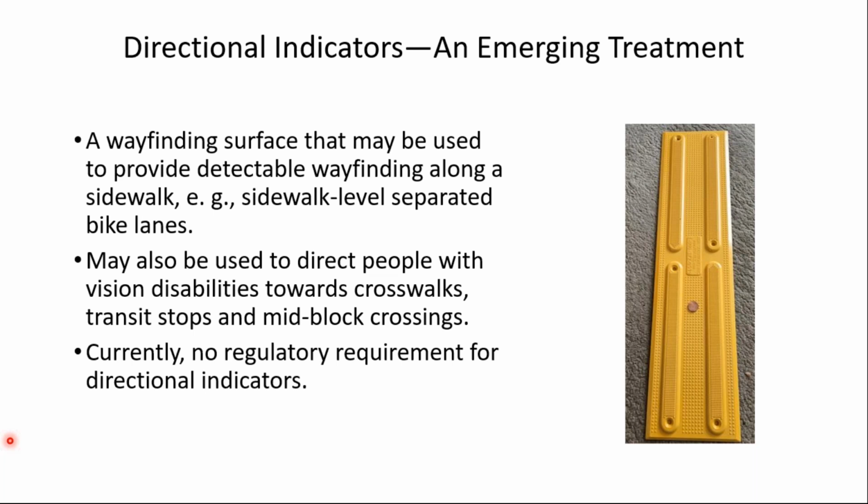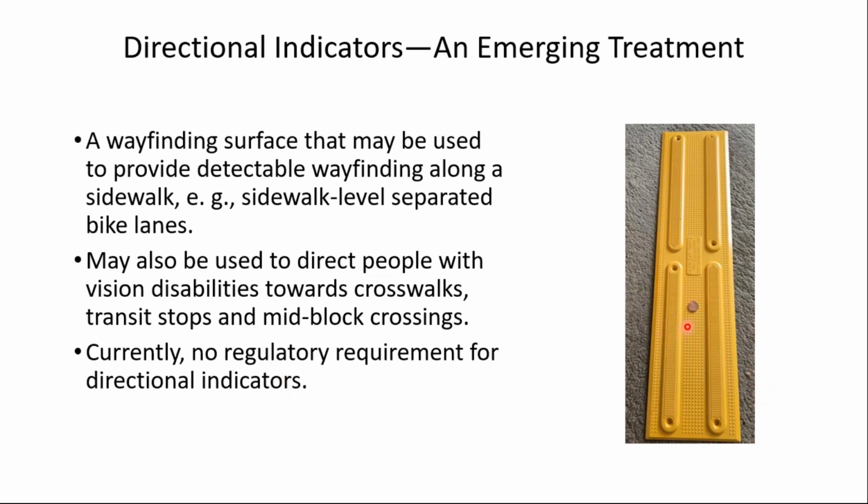But the thing I want to emphasize with directional indicators is that right now in the United States, there's quite a bit of research underway. But right now, there's no standard design or regulatory requirement for the use of directional indicators. One type of directional indicator is shown here.